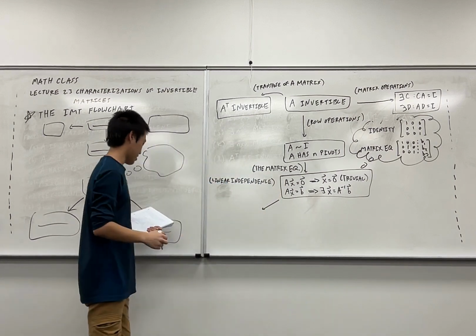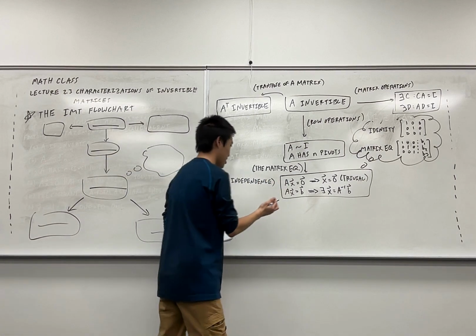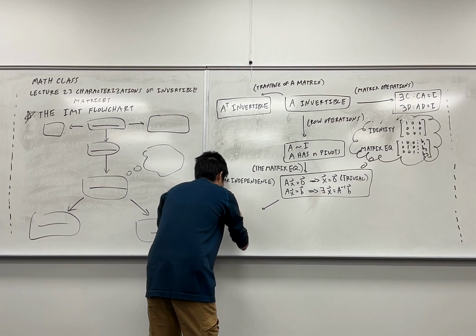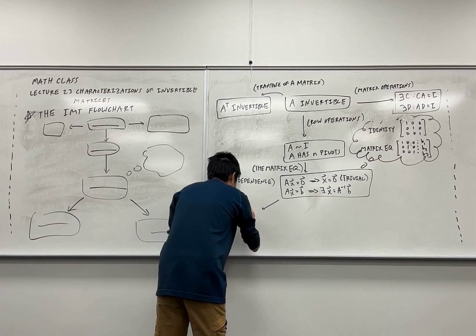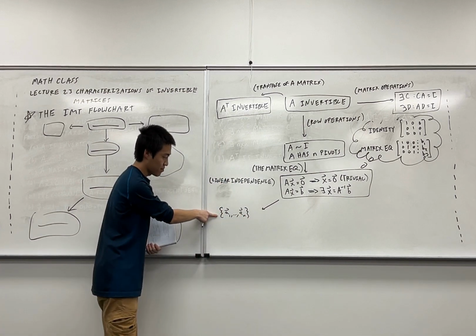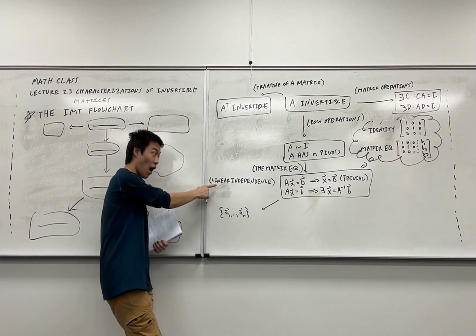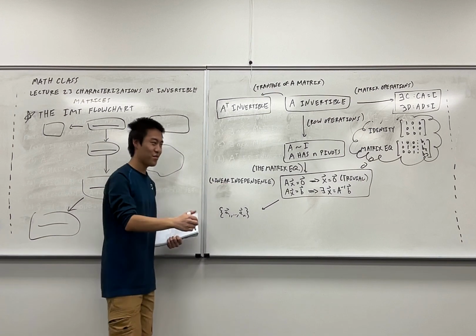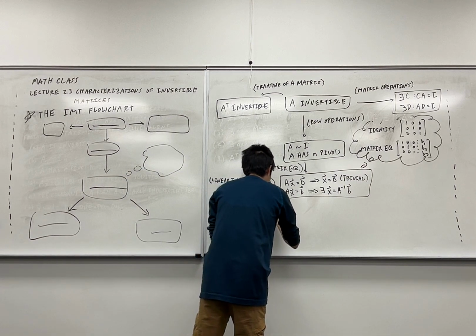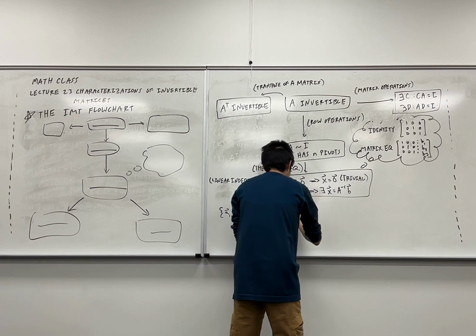Alright, so down this perspective, my columns of A, using the conventional notation to save space, A1 through An, form what type of set? Linearly independent.